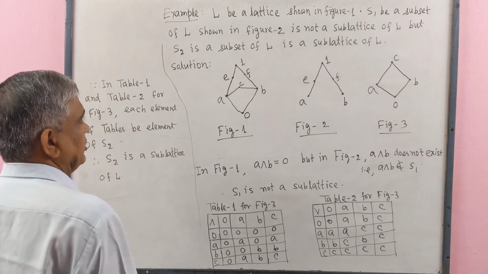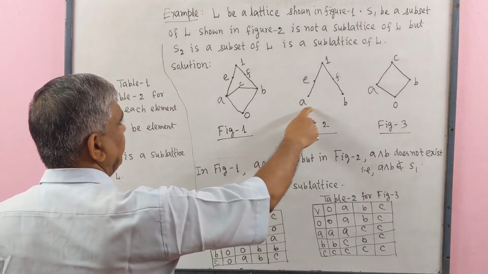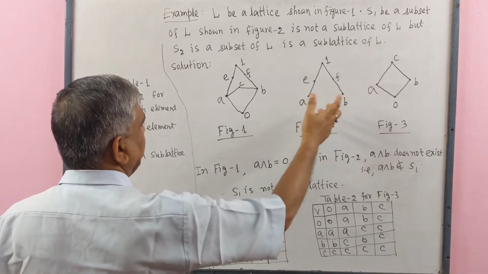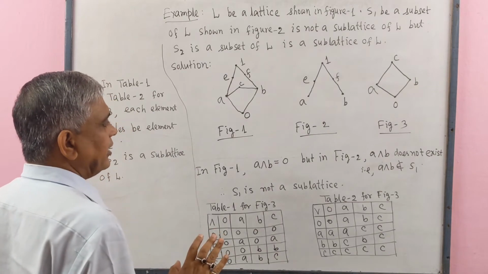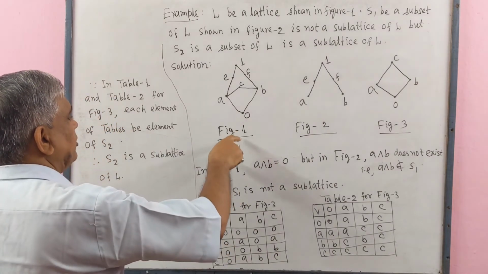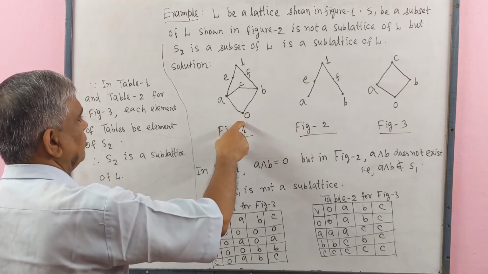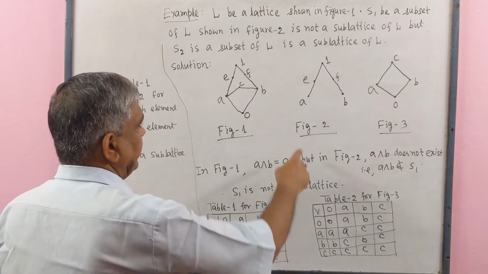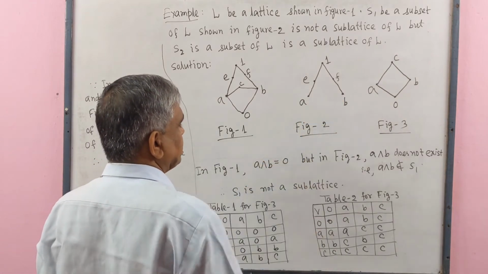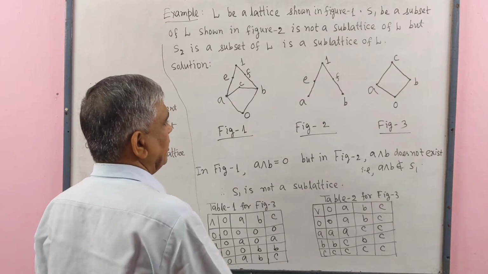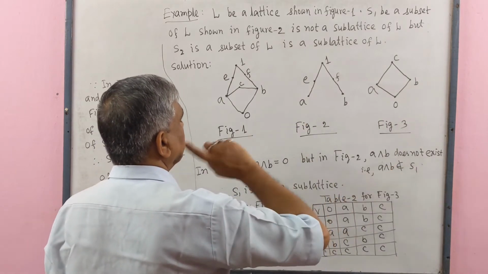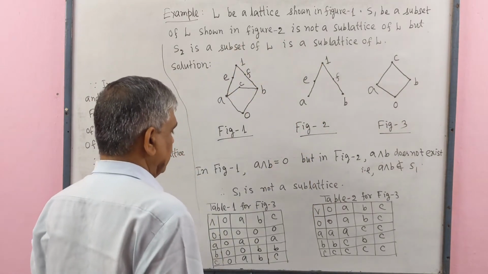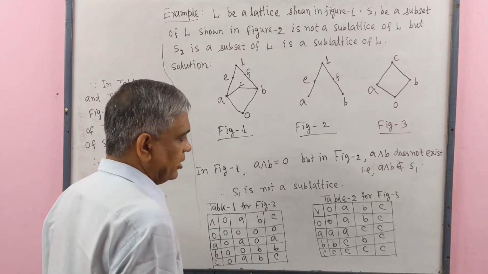Here we see that a meet b, we do not get any element, whereas in figure 1, a meet b equals 0. So a meet b in figure 2 does not exist. Therefore, a meet b does not belong to S1. Therefore, S1 is not a sublattice.